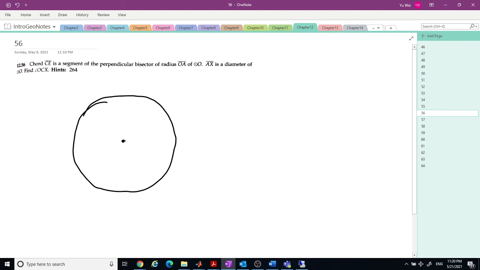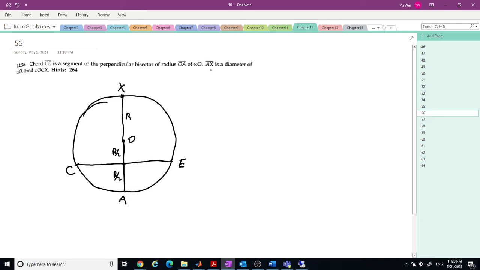So we have O, and OA is the radius, and the chord CE is the perpendicular bisector, so it cuts this radius into half and half, right? And AX is the diameter. So let's extend this. AX is the diameter, so this is also R.